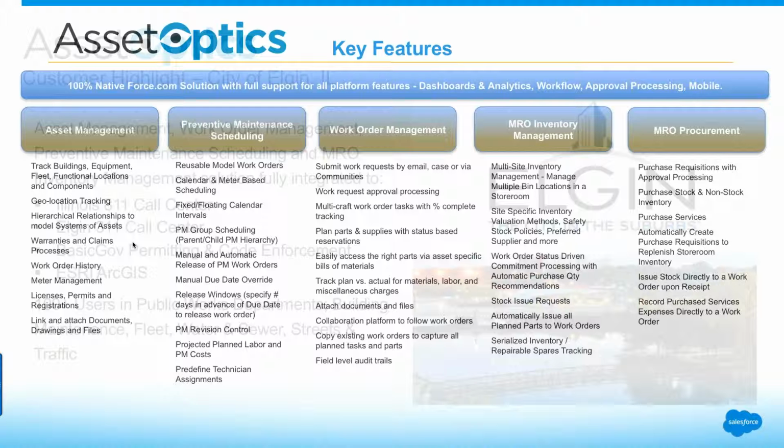The preventive maintenance scheduling solution has a set it and forget it overall approach where you build the PMs, and you can specify release windows, which is how far in advance of the due dates that the PMs will generate work orders.